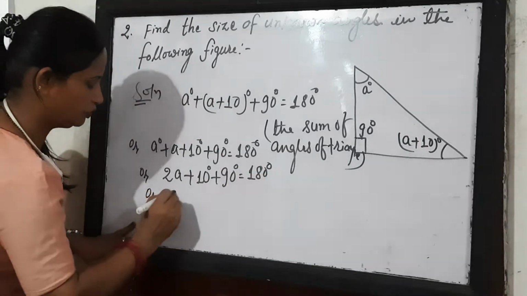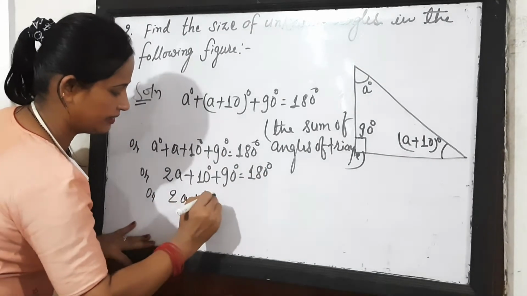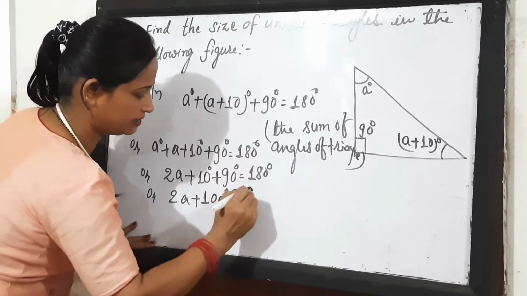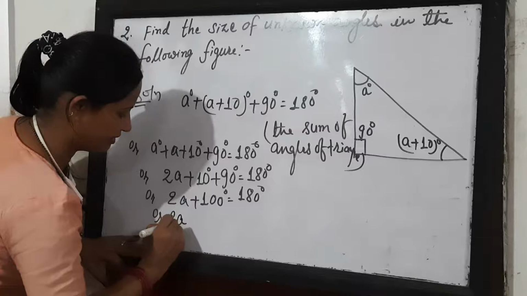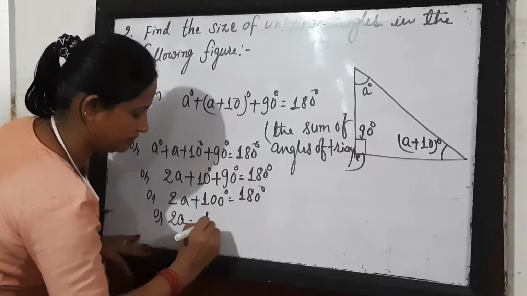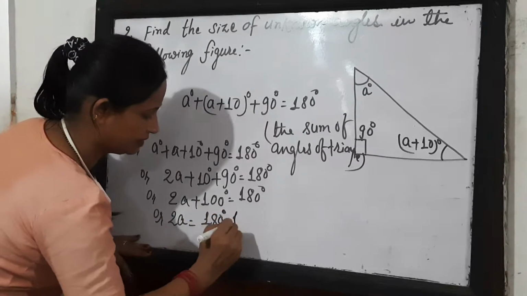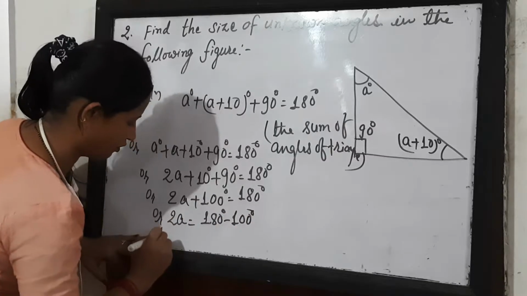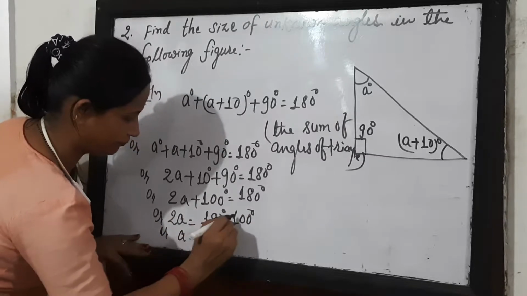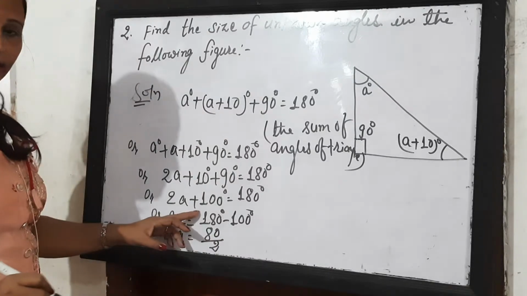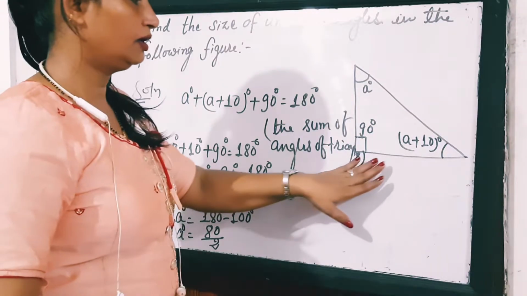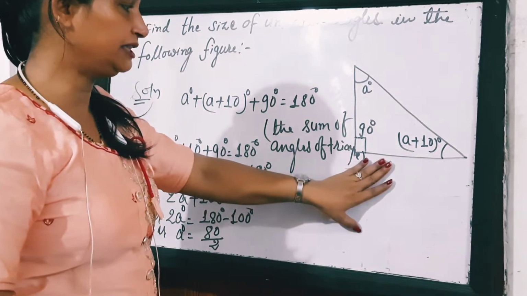After that, 2a plus 100 degree is equal to 180 degree. Very easy. Now the plus 100 will come to this side as minus 100 degree. Or a is equal to 80 by 2. Why? 180 minus 100.